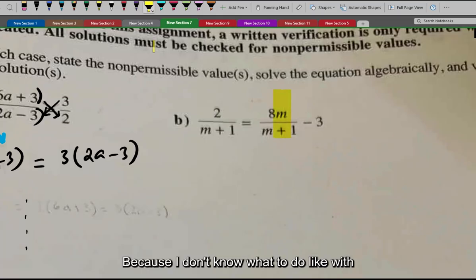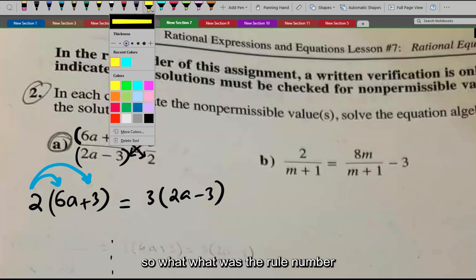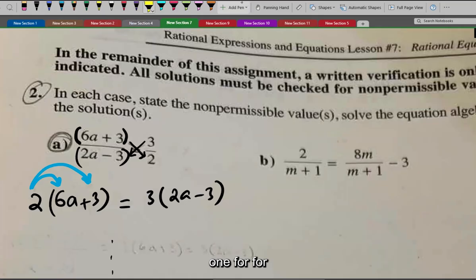Because I don't know what to do with the little minus 3. Okay. So what was rule number 1 for solving equations involving variables and constants? Rule number 1 was all the variables on one side and all the constants on the other side, right? Yeah. So in this equation, on the left side we have a variable, it's okay.